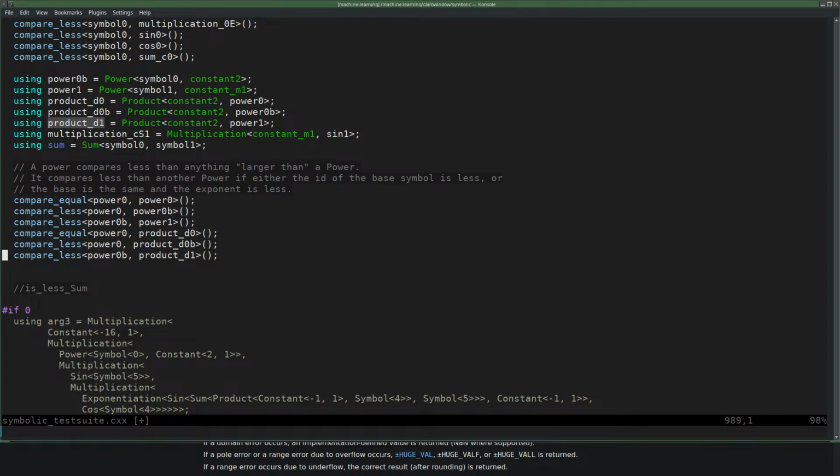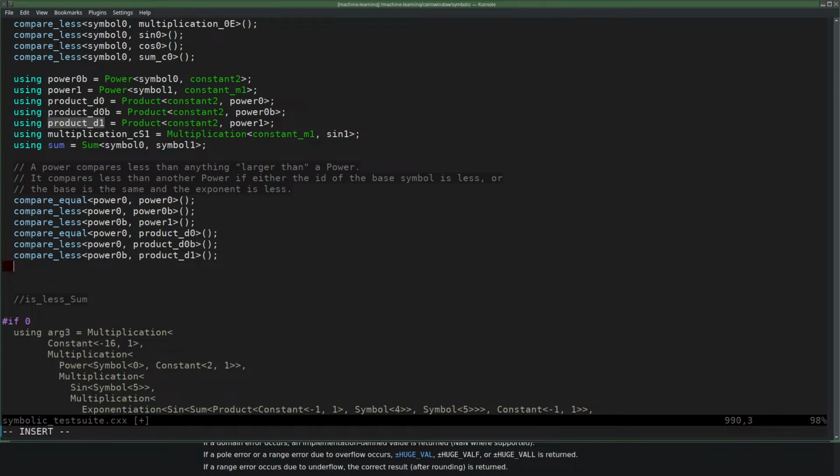Power. Okay. Yeah, okay. And then we have compare less of a power and an exponentiation.